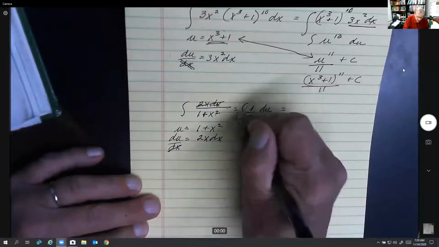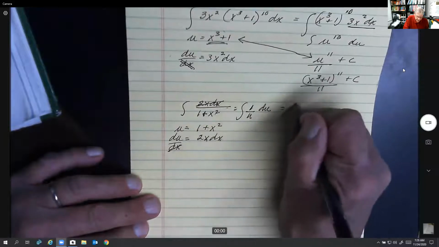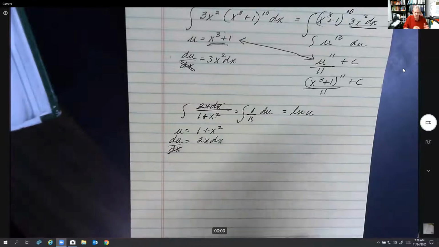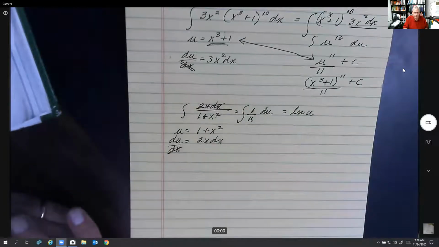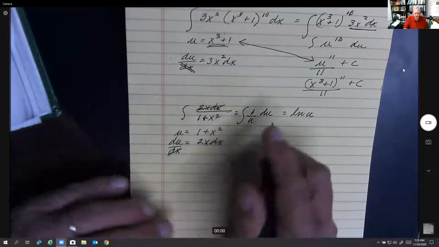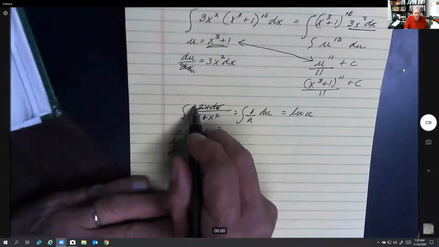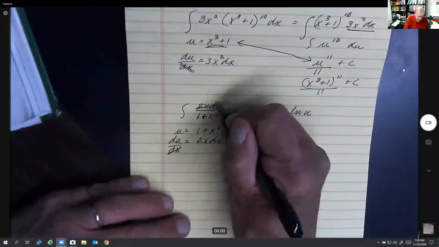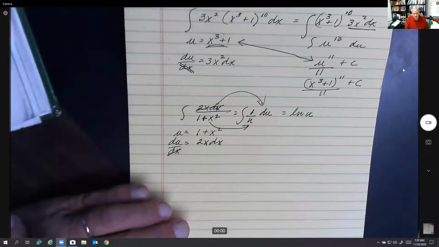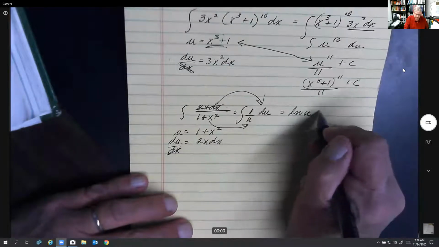So this is equal to, now we're going to take it out of here, the natural log of u. And remember, the du kind of just goes away, or you could think of it as a 1 times that. So that's why we have to get it into this form right here, so that this stands for the du, and this right here stands for the u. Okay, plus c.